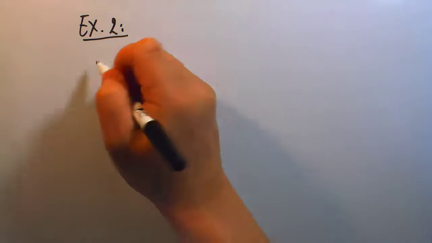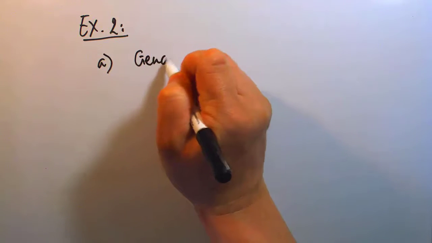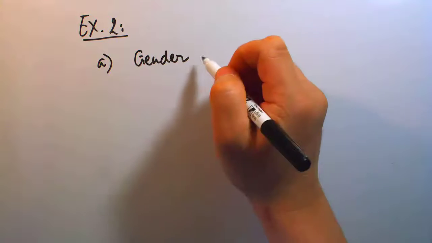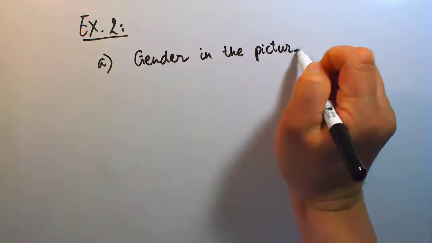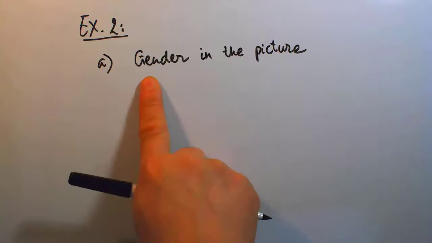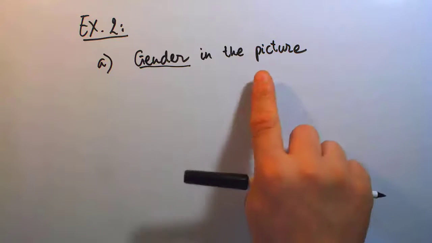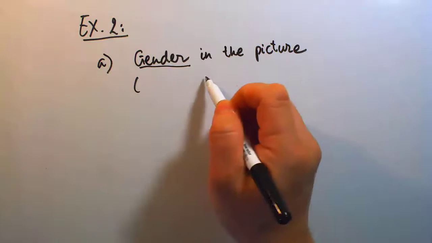This time, I'm going to call that part A. For part A, I'm going to consider gender in the picture, because my picture here has a group of people. It could be a group of students in my class, a group of students in the auditorium, a group of football players, a group of people anywhere. Gender has only two values ever, male and female.